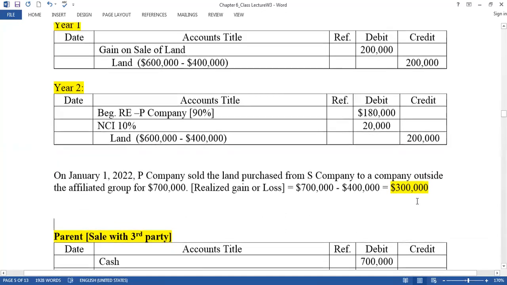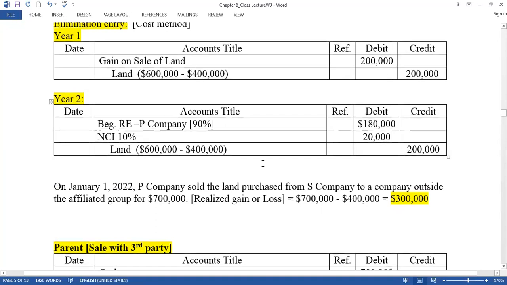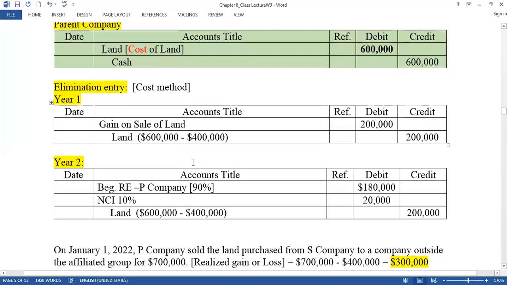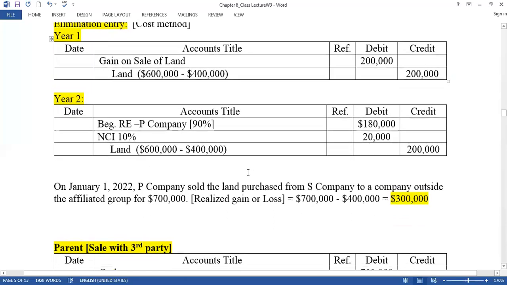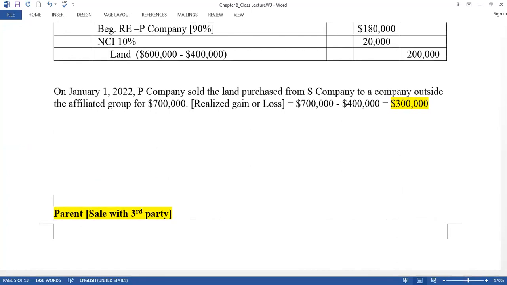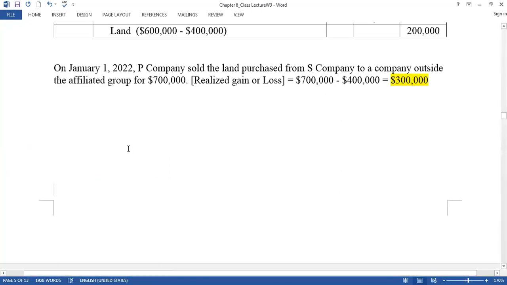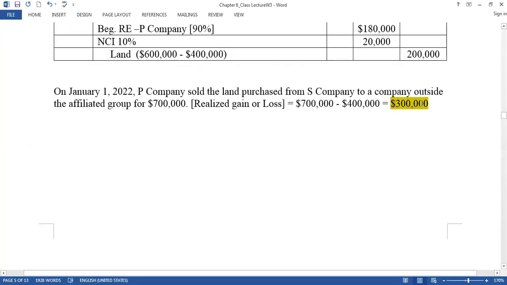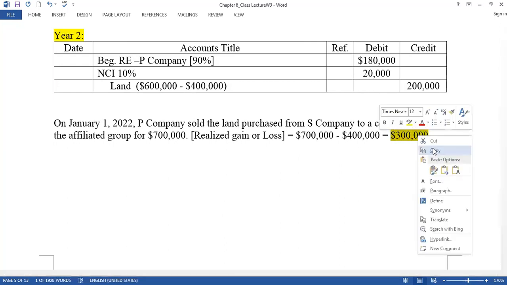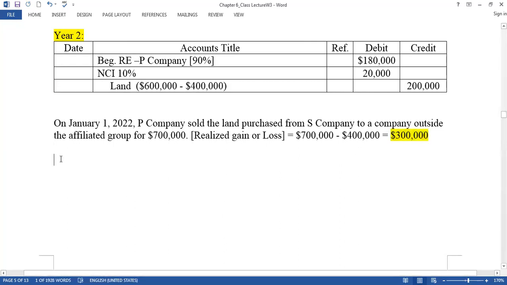Now, the important point is here. This $300,000 is actually divided into two groups.